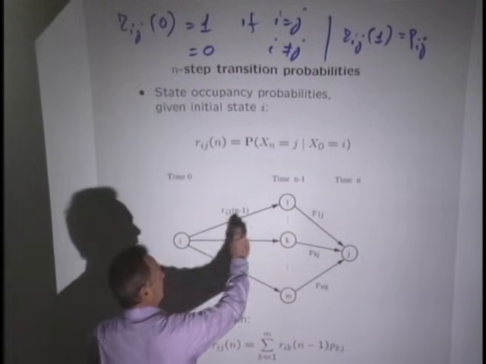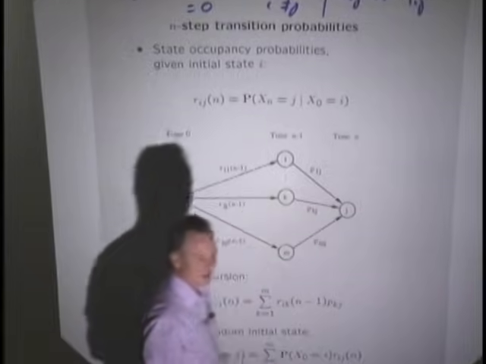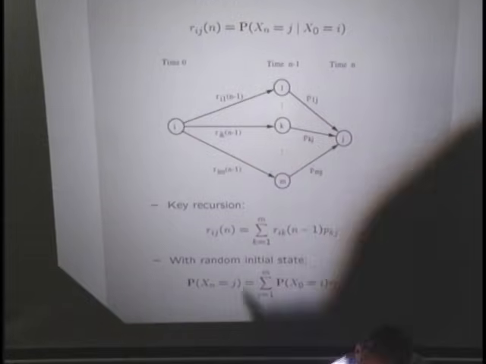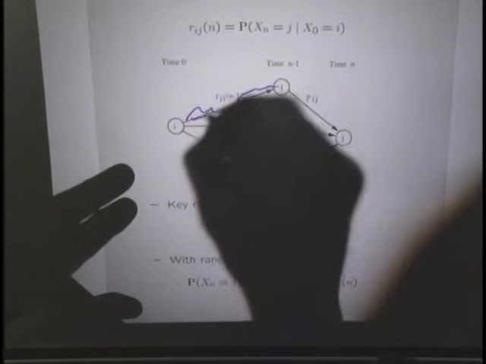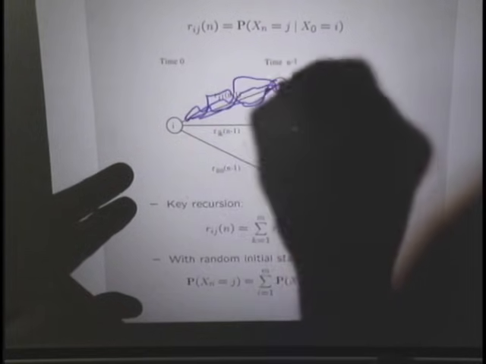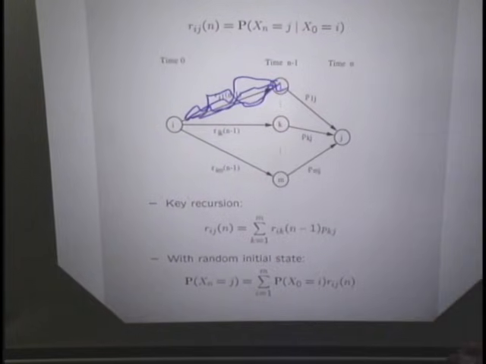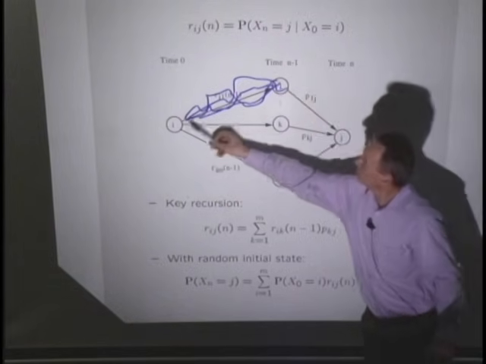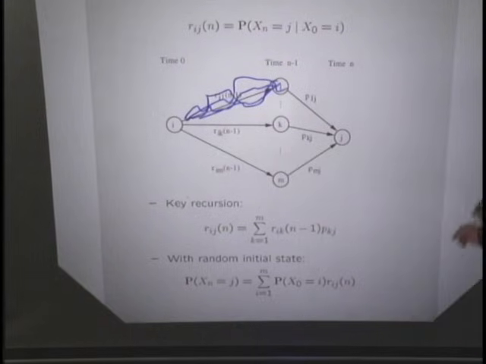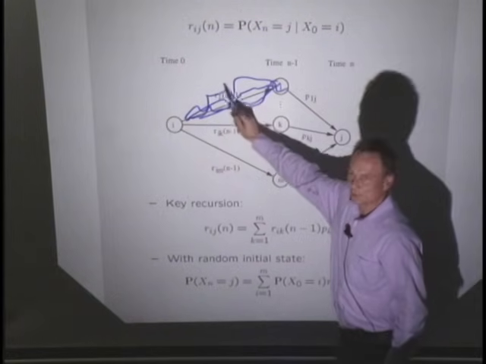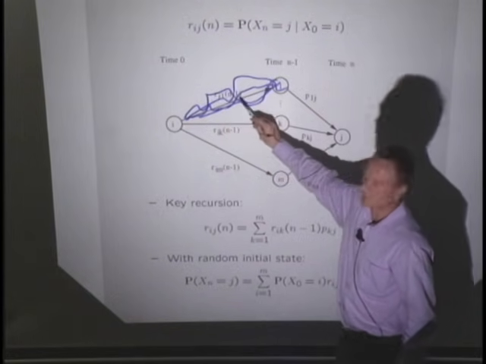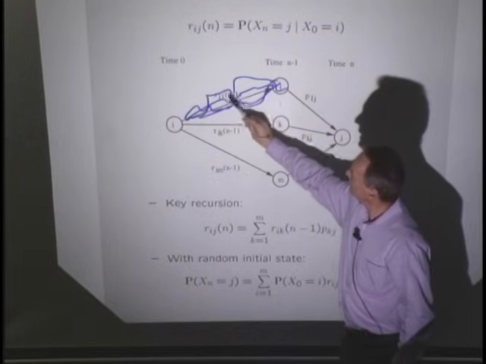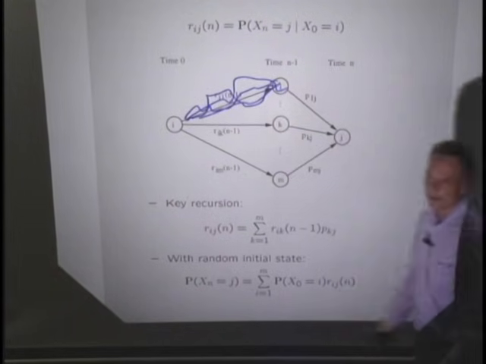This particular arc actually corresponds to lots and lots of different possible paths. In n-1 time steps, there are lots of possible ways by which you could end up at state 1, different paths through the state space. But all of them together, collectively, have a probability, which is the n-1 step transition probability that from state i, you end up at state 1.